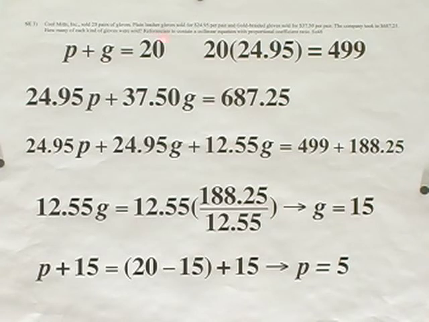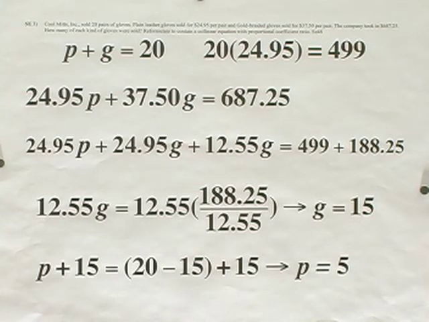Then I'm going to multiply this 20 times 24.95 and I get $499. And that's equal to $499 plus $188.25. And this sum is equal to $687.25. I subtracted $499 from that, so I get it.